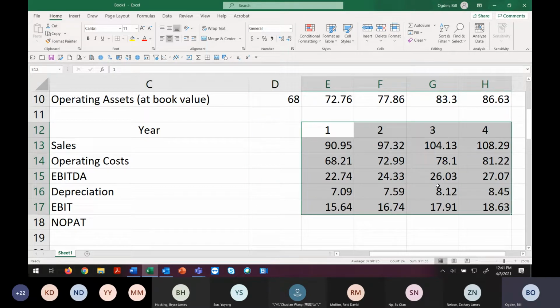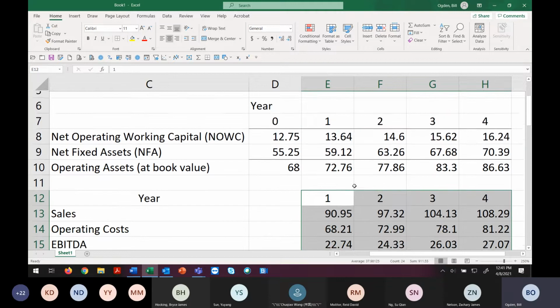Okay, now we're going to clean this up. All right, I realize these numbers are all given, but I want the 2 models that we will be pursuing to give you exactly the same number for the value of the company. So here's what we'll do. Let's first of all go to the top here.